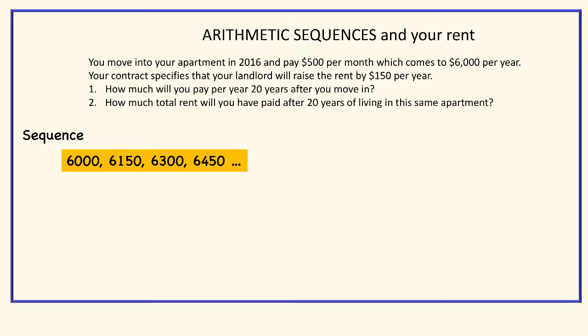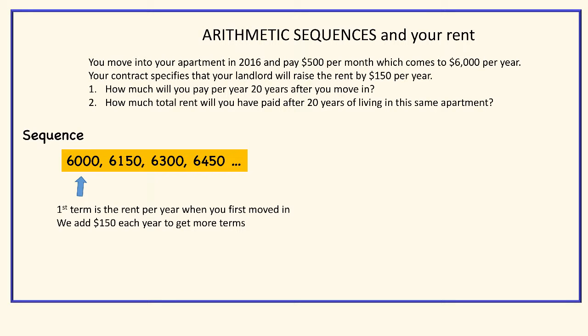The next year, of course, your landlord's going to raise the rent by $150, so you're going to be paying $6,150. The year after that, we add another $150, we get $6,300, and so on. In fact, we could keep writing all these numbers, adding $150 each time until we get to the 20th year, and there we would have our answer. Now that might take a little time and it's sort of tedious. We do have a faster way of doing it.